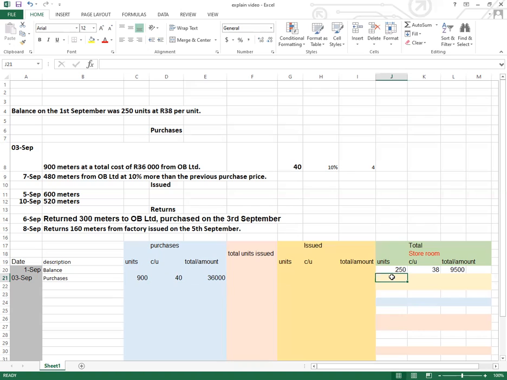You should start with your first inventory, which means you're going to bring this down, because you can't start with 900, as this one is not the first one. The first inventory is the one that we are going to issue first.